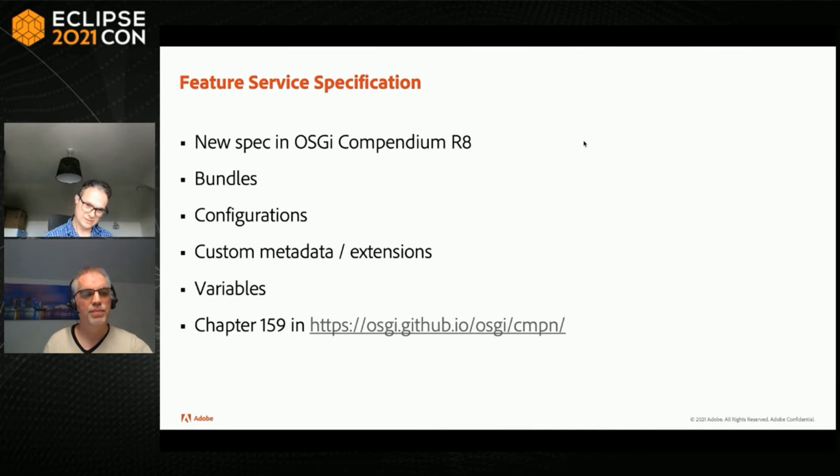You can add custom metadata or custom extensions into the feature model, so you can keep all the information that belongs to your application together in one feature and one file. And it also supports something called variables, which allow you to do late binding of certain configurations. You can find the feature spec at this link here on the screen.